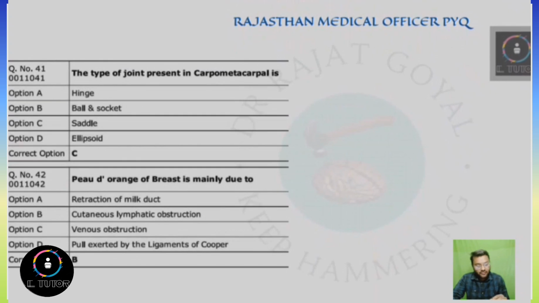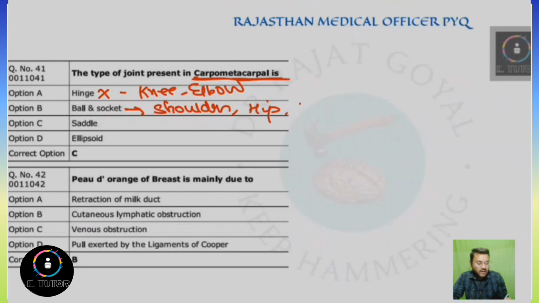The type of joint present in the carpometacarpal is. So hinge joint, no, hinge joint is present in knee, elbow. Ball and socket is present in shoulder, hip, and between incus and stapes. Saddle joint, yes, saddle joint is present in the carpometacarpal.